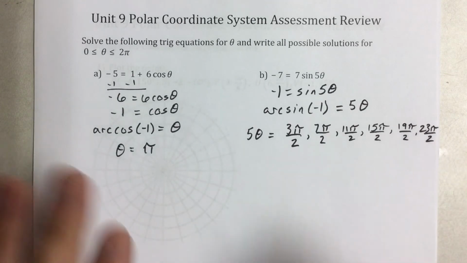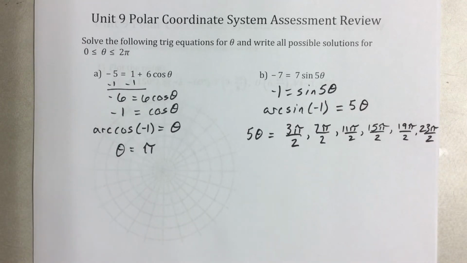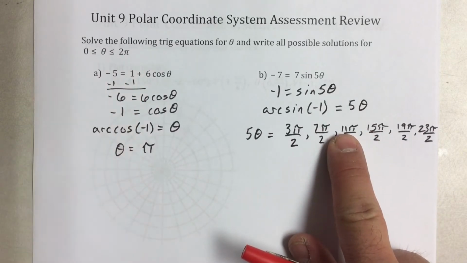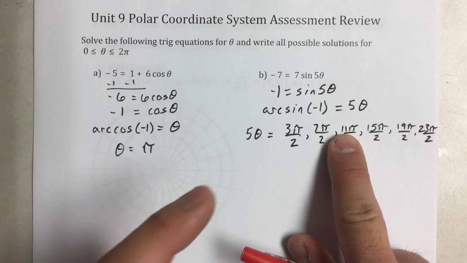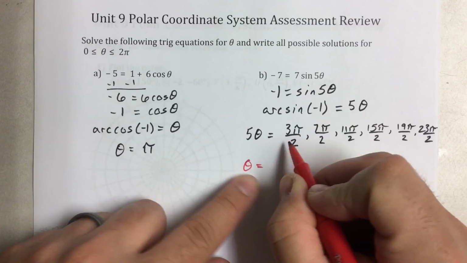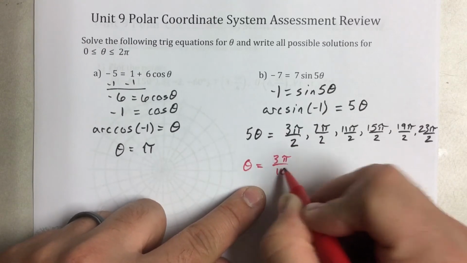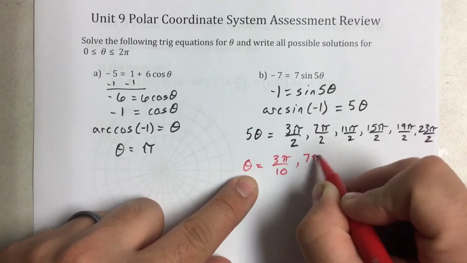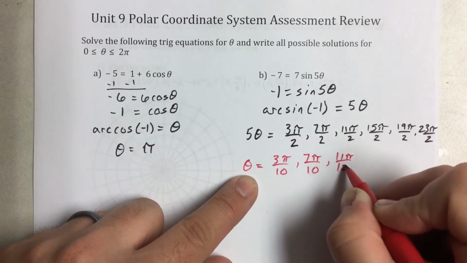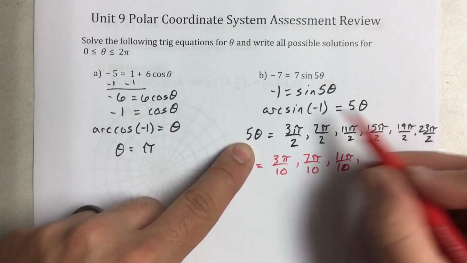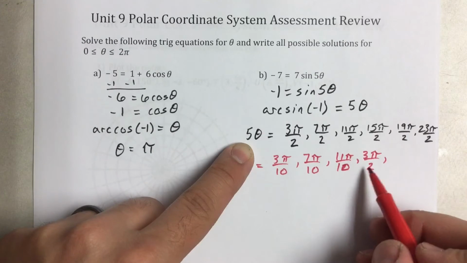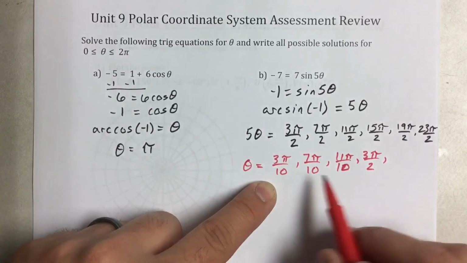The reason why we had to make this list rather than just saying 3 pi over 2, because you might be wondering, well, many of these are outside of this range, and you're right, but this is still 5 theta. So when we divide by 5, we get 3 pi over 10, 7 pi over 10, 11 pi over 10, 15 pi over 10 actually simplifies to 3 pi over 2. So notice when I divide by 5, we're still within 2 pi.